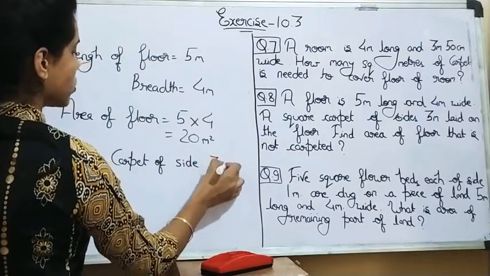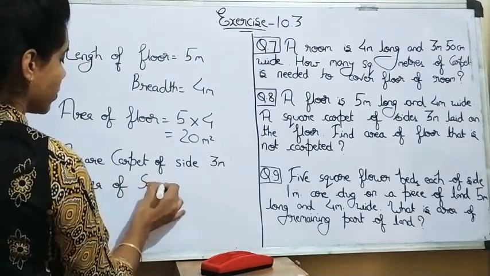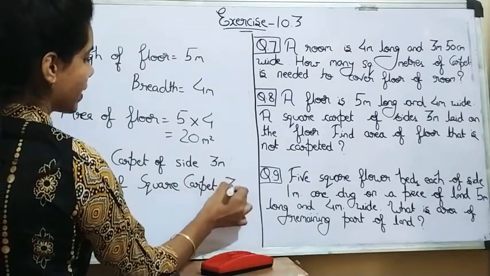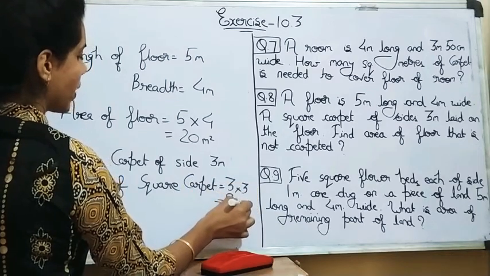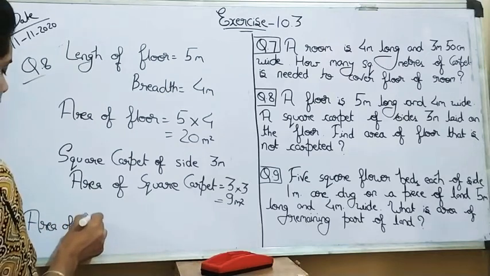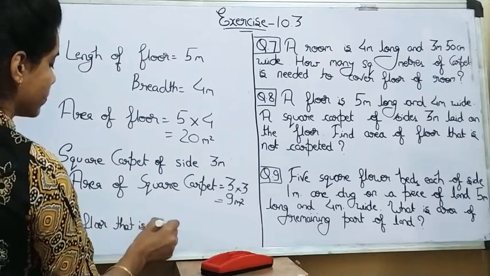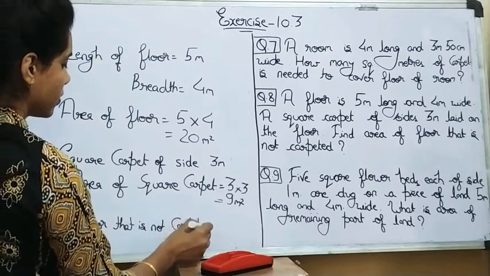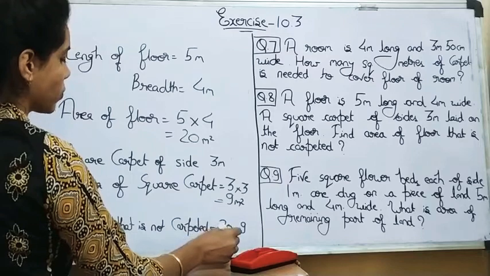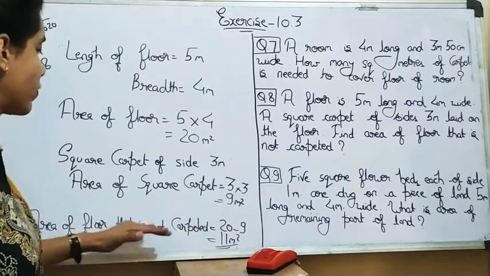Area of square carpet will be 3 multiplied by 3, so 9 meters square. So area of floor that is not carpeted will be 20 minus 9, meaning 11 meters square will be the answer. In this way we can find the area of the remaining portion.